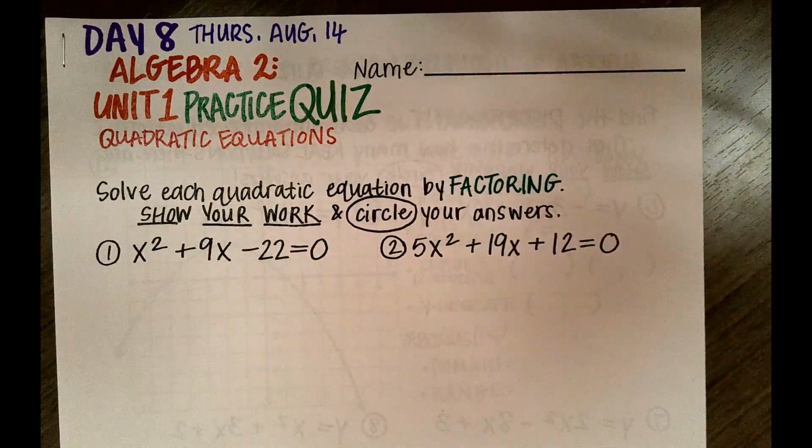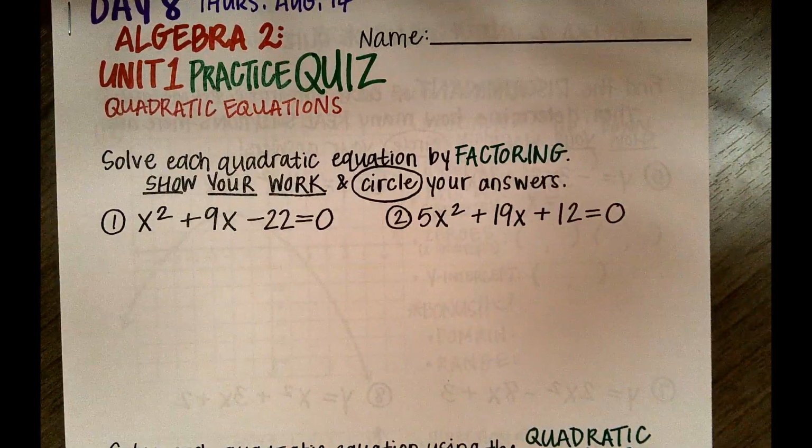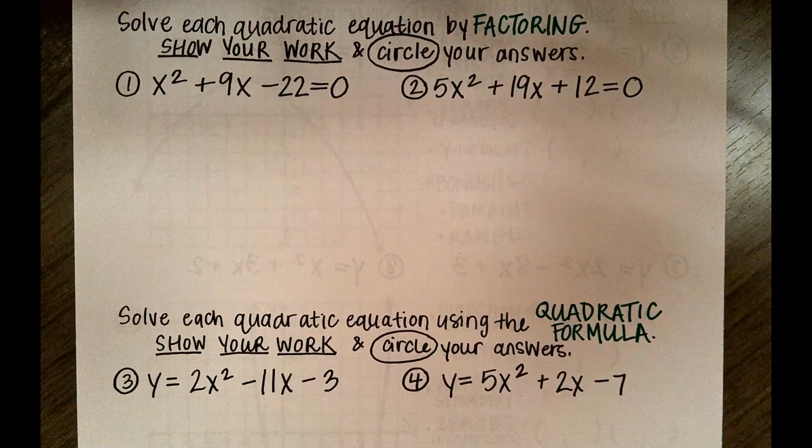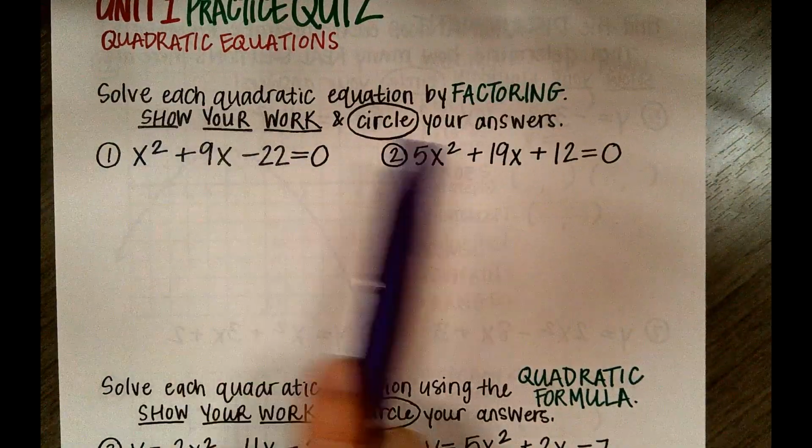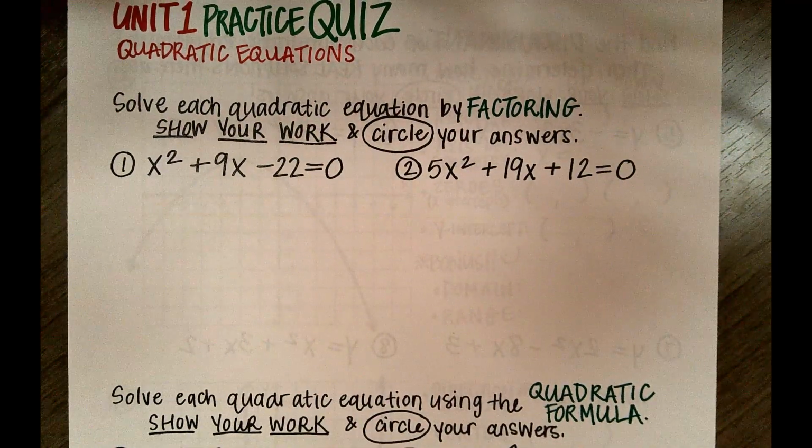All right. So the first page, there are 4 quadratic equations. Now all of these can be solved using the quadratic formula. The first 2, it says to solve by factoring. We decided to go in a different direction this term, or I decided to focus more on the quadratic formula.